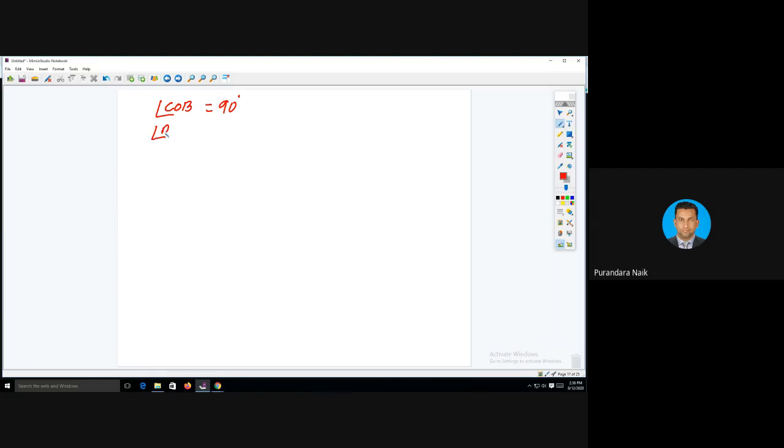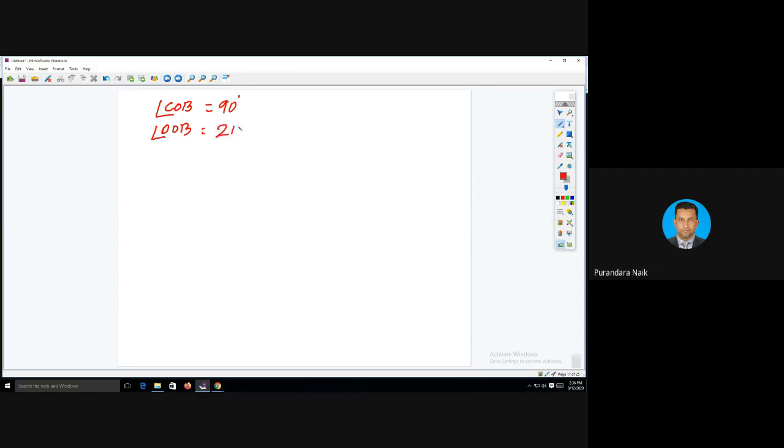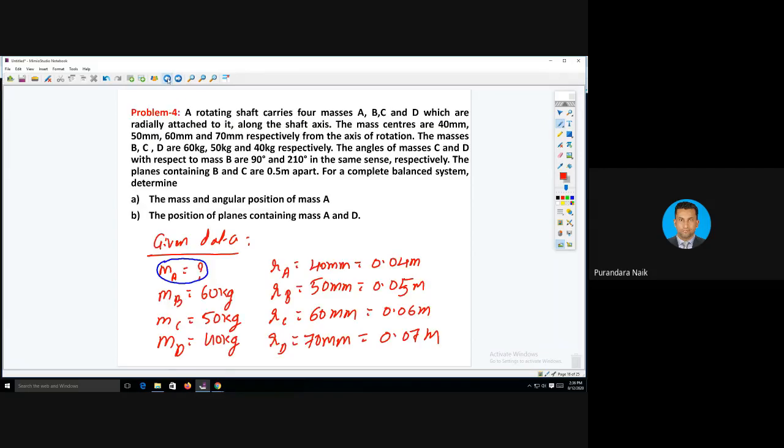Similarly, angle DOB with respect to B is 210 degrees, in the same sense. If you measure it in the counterclockwise direction, it should be counterclockwise for both C and D. If it is clockwise, both in clockwise direction. So we are going to consider only the counterclockwise direction.